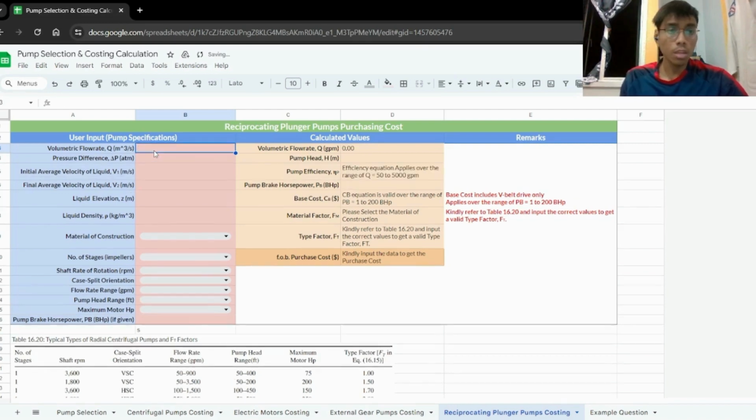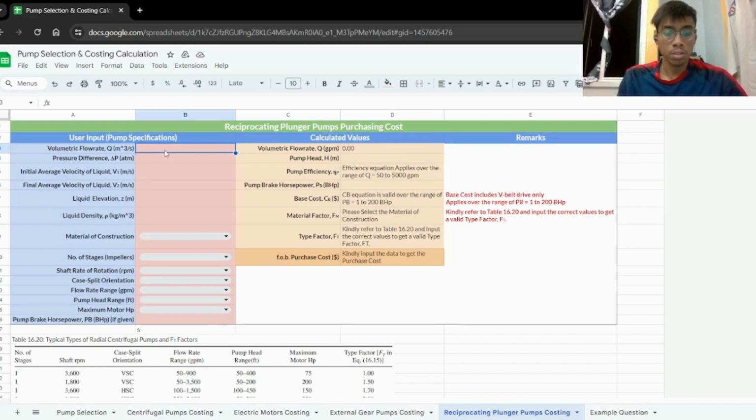792.52. Take note that the volumetric flow rate to calculate the pump efficiency must apply over the range of 50 to 5000 gallon per minute. So if the volumetric flow rate is not in the range, kindly input the volumetric flow rate again.